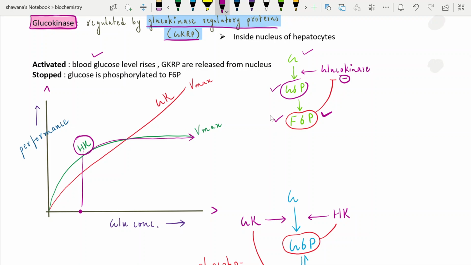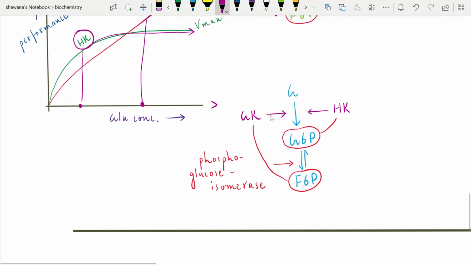Vmax is the velocity at which it's performing at the maximum. And glucokinase has a large Km. It means that it requires a lot of substrate to become saturated. For example, this is the Km for the glucokinase, and when its Km is reached, it reaches the Vmax and it starts working well. This is the difference between these two enzymes.